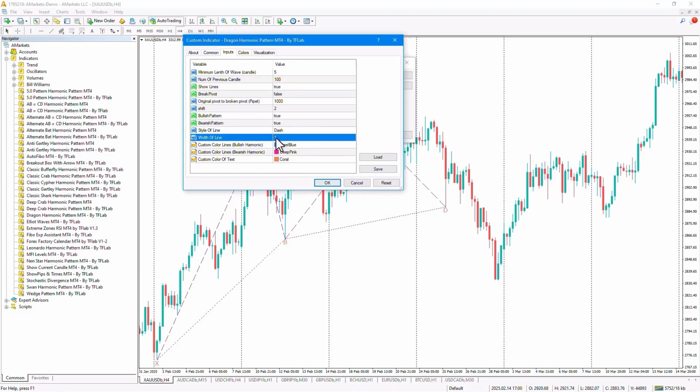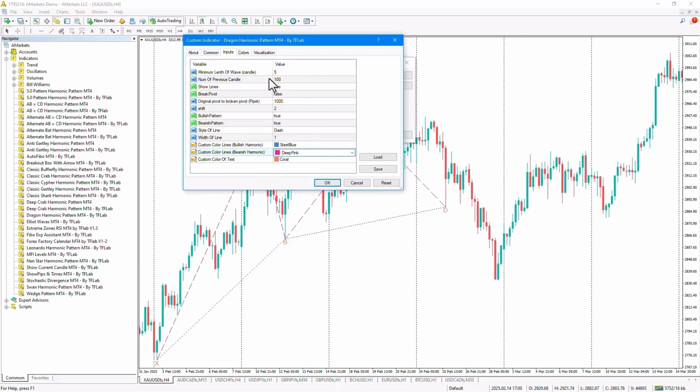If we set a number other than 1, the indicator will automatically display the harmonic pattern lines in a solid style. And in the last section, we can change the color of the bullish harmonic pattern, the bearish harmonic pattern, and finally, the color of the harmonic pattern labels to any desired color.